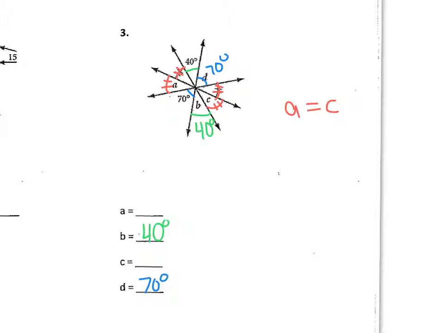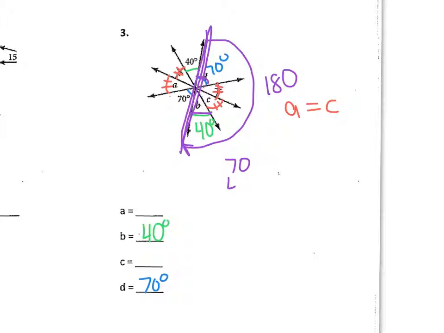So the final thing that I'm going to do to figure this out is I notice this straight line right here. And remember, straight lines make 180 degrees. So if this is 70 and this is 40, then 70 and 40 together make 110 degrees.